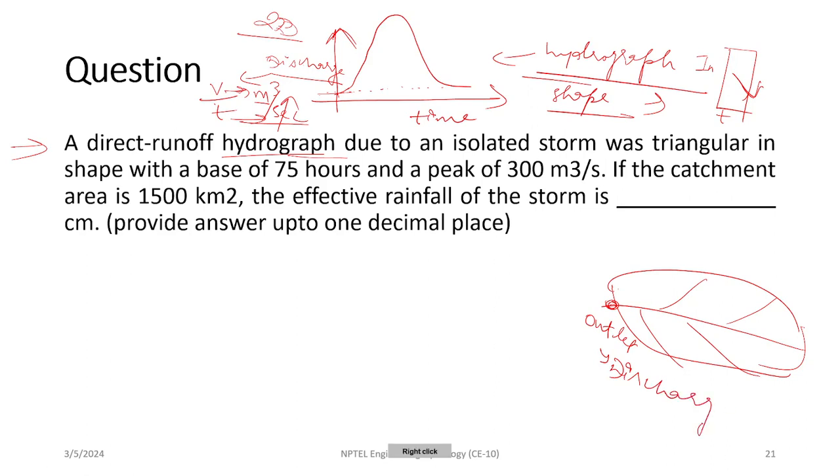As soon as rainfall starts over this basin, the water starts draining as overland flow, and from the tributaries it meets the main stream.